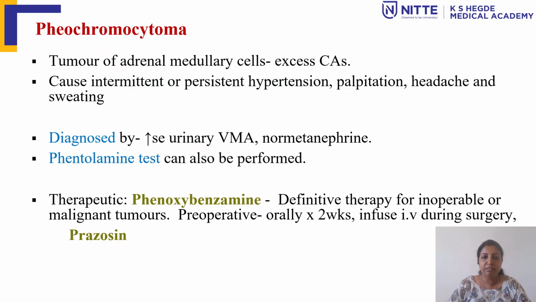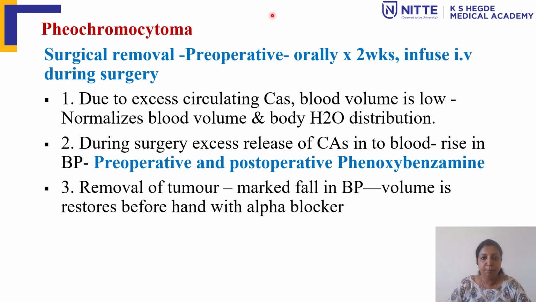Preoperatively, phenoxybenzamine is given orally for 1 or 2 weeks, and can be infused by IV during surgery. Other than phenoxybenzamine, prazosin can also be used. What is the rationale of this?